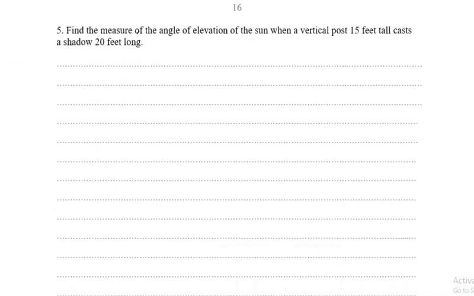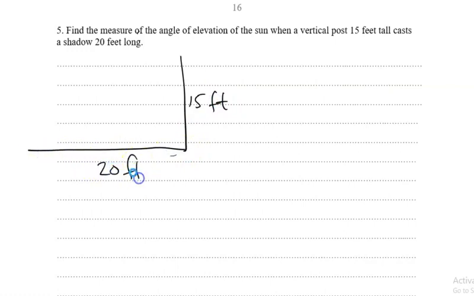Question 5. Find the measure of the angle of elevation of the sun when a vertical post 15 feet tall casts a shadow 20 feet long. So we have our post, 15 feet, and here's a shadow, 20 feet long.